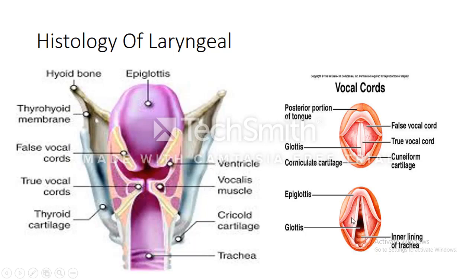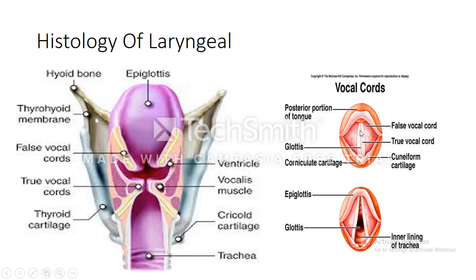Elastic fibers or vocal cords are divided into two parts: false vocal cord and true vocal cord. Okay. These parts of the larynx have stratified squamous epithelium, and in the lamina propria you have the true vocal cord.